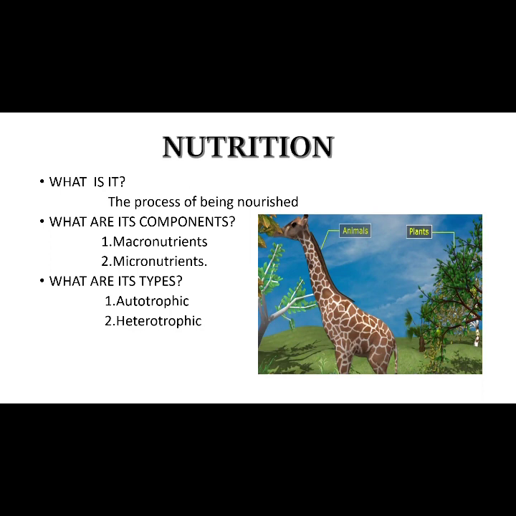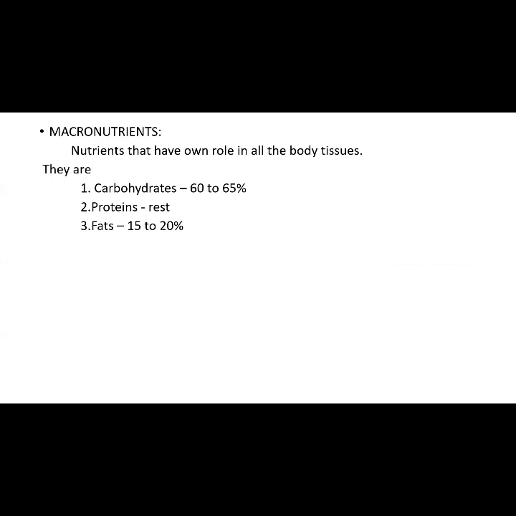So what are micronutrients and macronutrients? Macronutrients play an important role in all body tissues, and they are carbohydrates, proteins, and fats. Micronutrients assist in the digestion, absorption, assimilation, and metabolism of macronutrients.